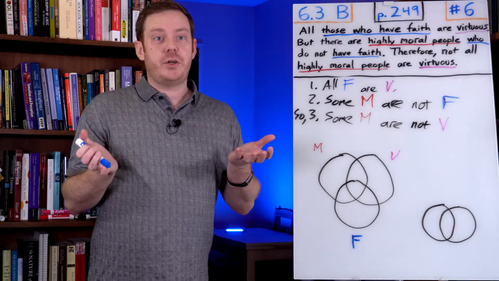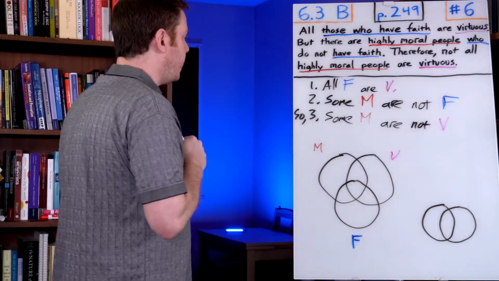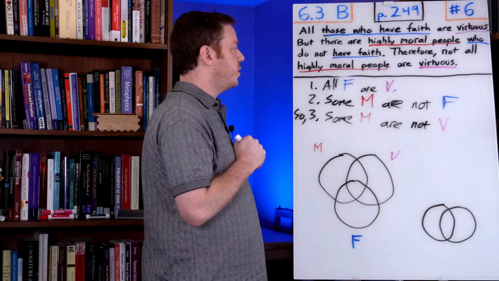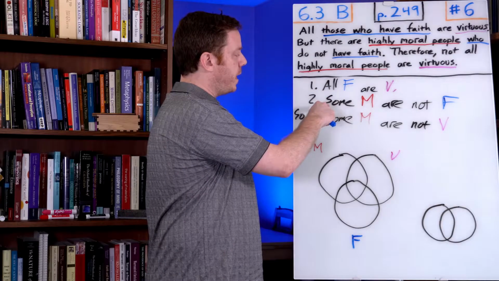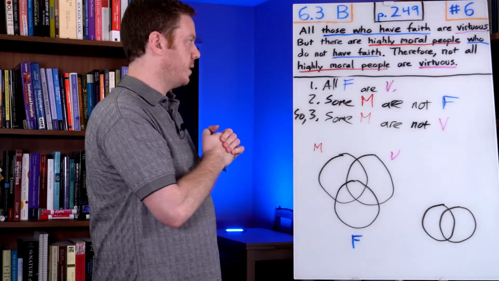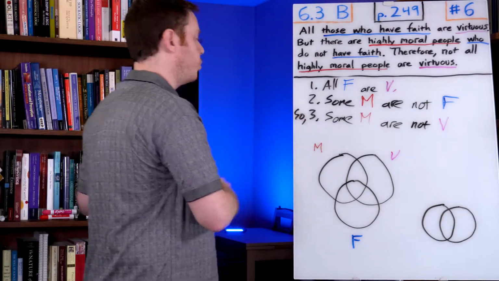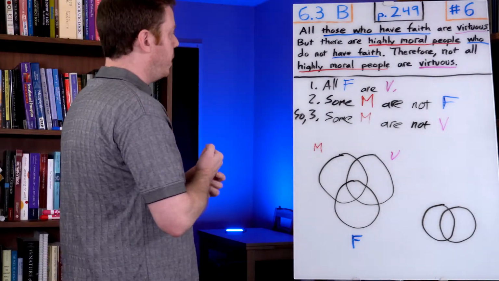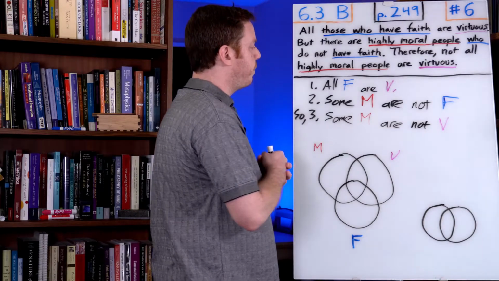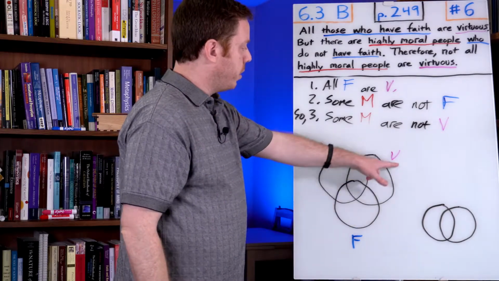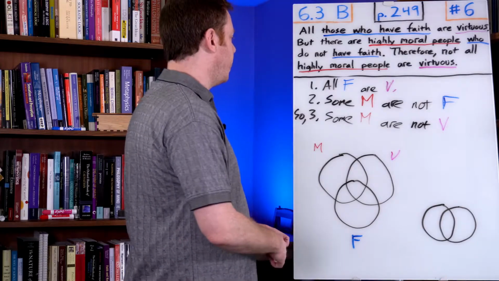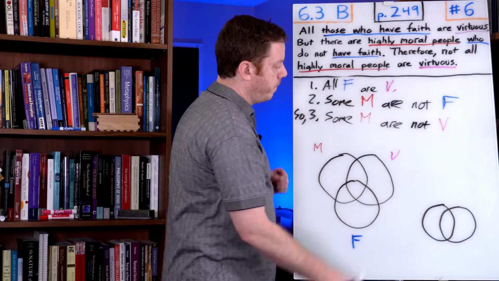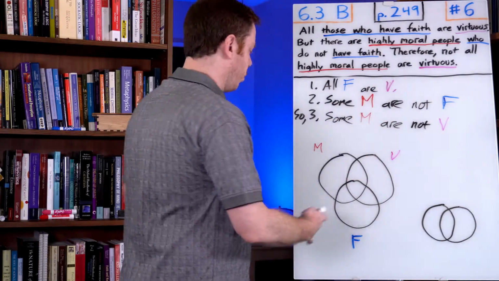Next thing we need to do is diagram our premises. We see that we have a universal and a particular premise. So we want to do the universal one first, but that's no problem. It occurs first anyways. So all F are V, we're going to be looking at these two circles. It's saying all the things in the F circle are in the V circle.